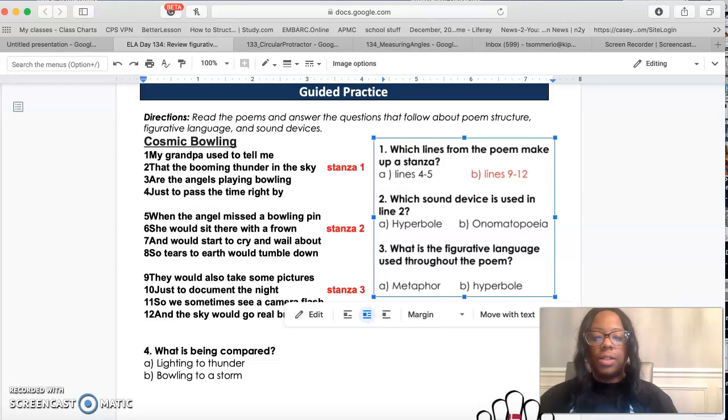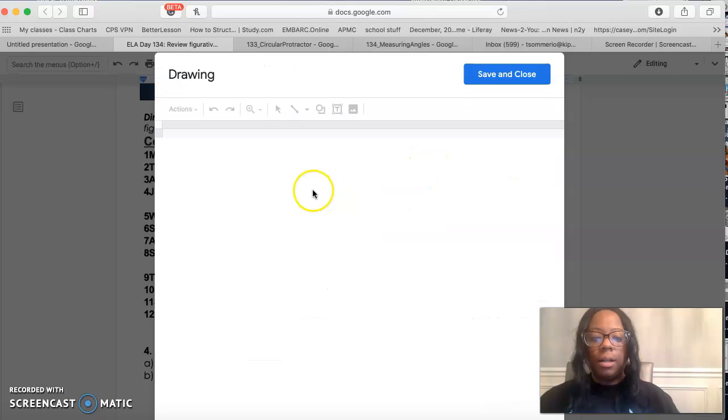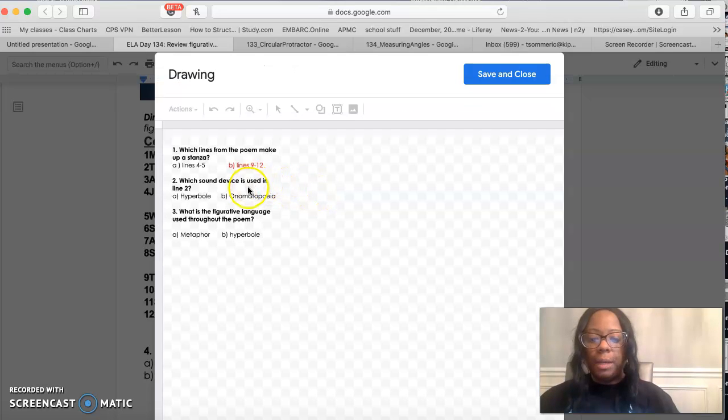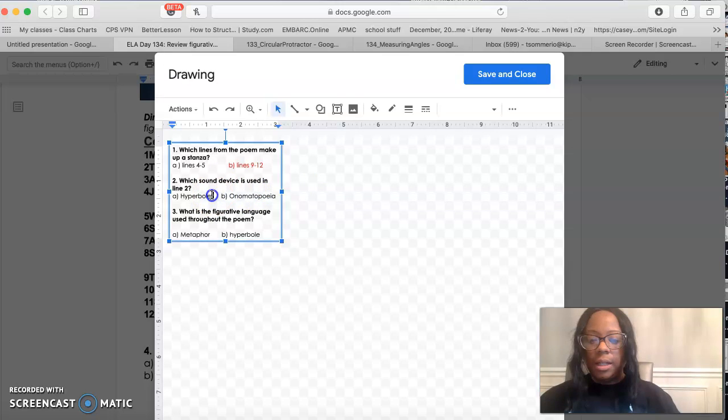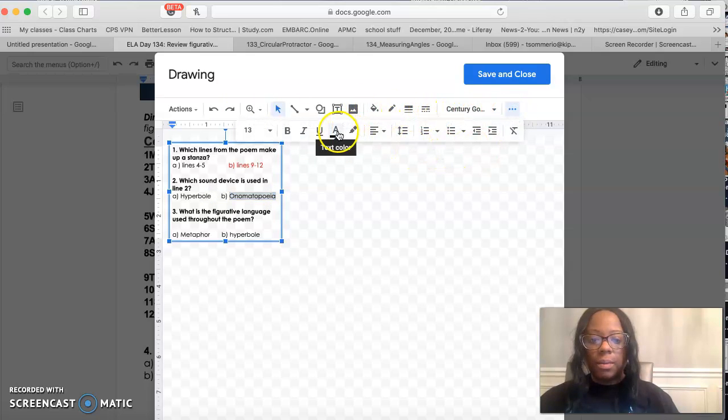Which sound device is used in line 2? Line 2 says that the booming thunder in the sky. Now, if we click on here, we know that booming thunder is actually an onomatopoeia, so we're going to mark that as correct and keep it moving.